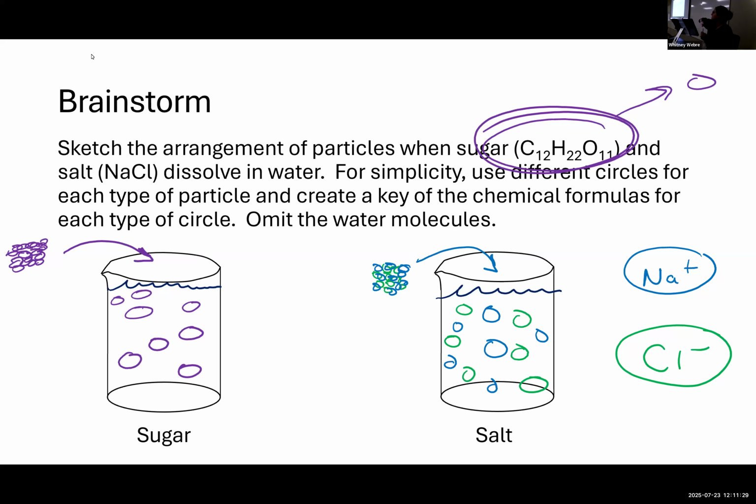So the oxygen will surround the sodium and rip it off from the solid. The positive hydrogens will rip off the negative chloride, and that's why it dissolves in water. It helps bring it apart and rip it apart. So in this solution, it is dissolving in water, but it just goes one step further and goes into ions.